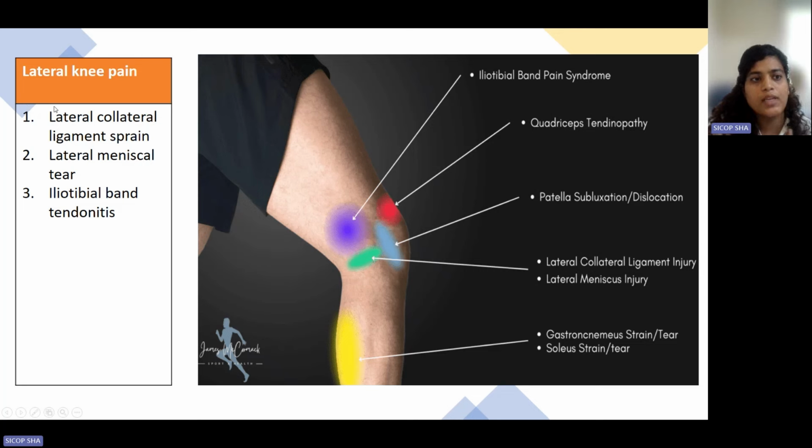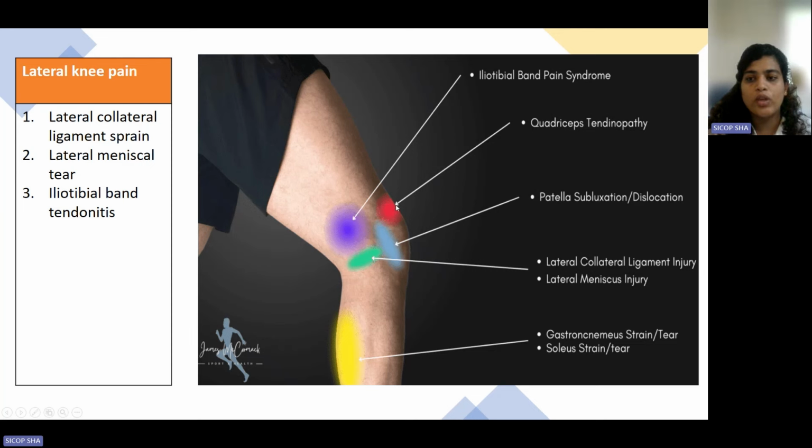Other than that, we can see lateral collateral ligament sprain and lateral meniscal tear among the other conditions. In this slide, you can see that if the patient has IT band pain syndrome, the pain will be over here in the lateral femoral epicondyle area, and the patient will be able to pinpoint it.